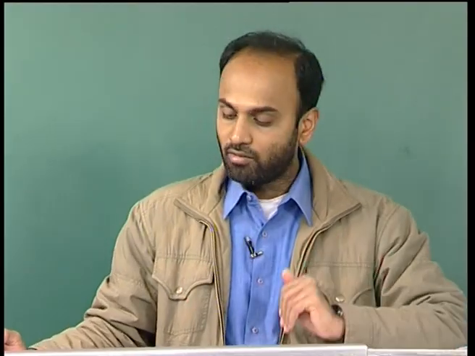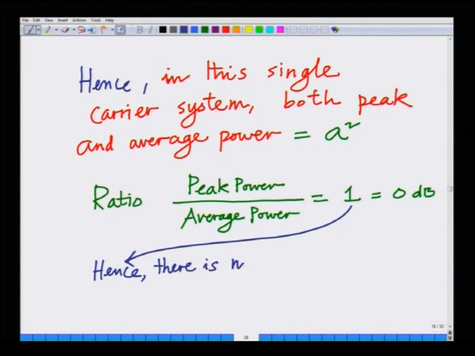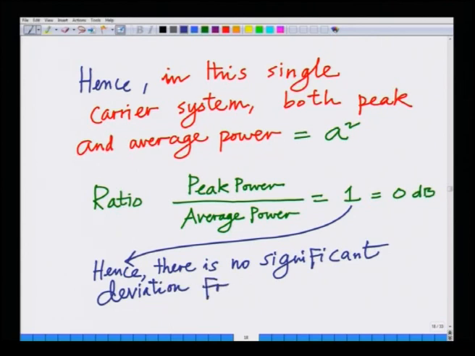Hence, there is no significant deviation from the mean power level. Hence, this ratio close to 1 also means there is no significant deviation from the mean power.